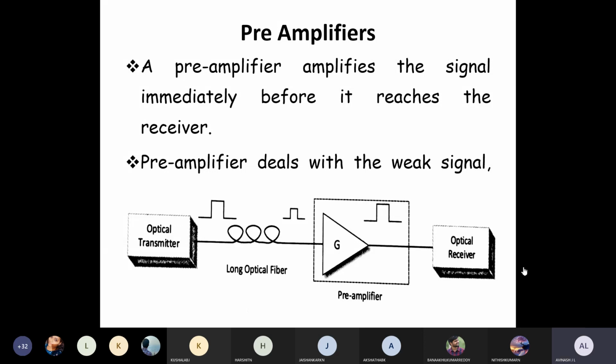So if we send a high intensity signal through a long optical fiber, there is a problem. What is that particular problem?